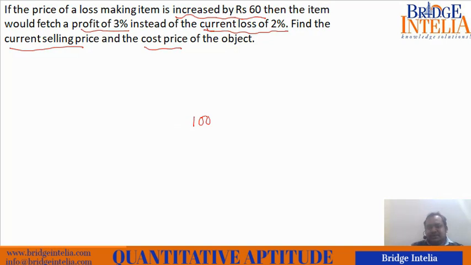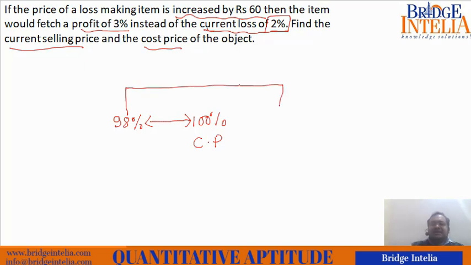How can you solve this? 100% is the investment, which is technically known as cost price. When you are suffering a loss of 2%, it means you are recovering only 98%. He wants to increase the price by rupees 60 so that instead of a 2% loss, he makes a profit of 3%.